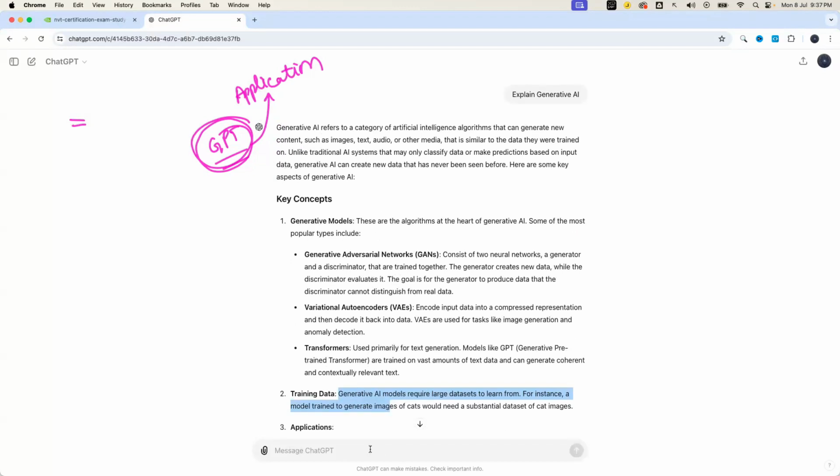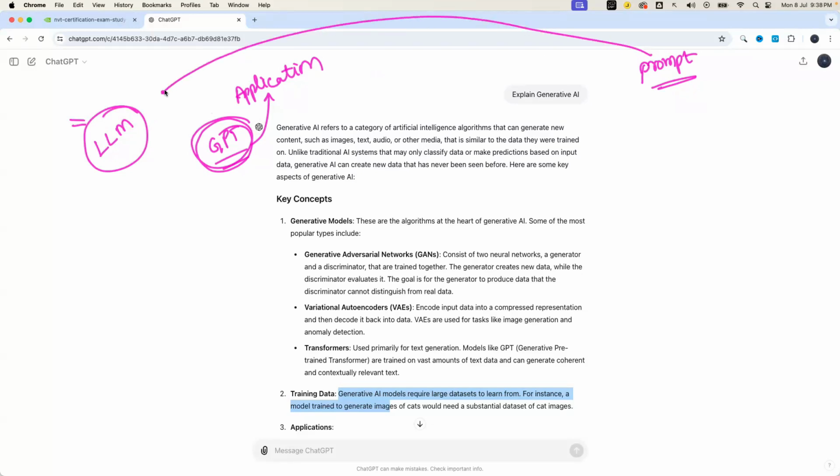Now, this input that I have just provided to ChatGPT, we call a prompt. So a prompt is the instruction that we provide to the large language models. This model GPT is called an LLM or a large language model.